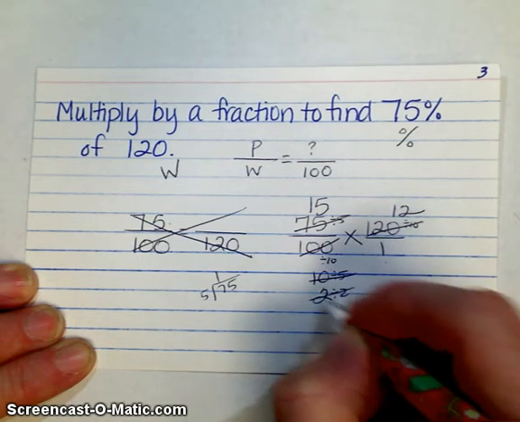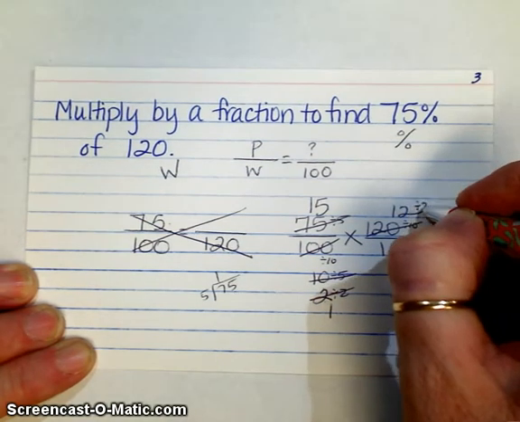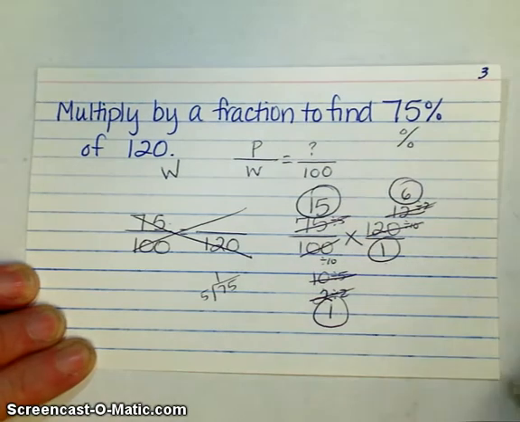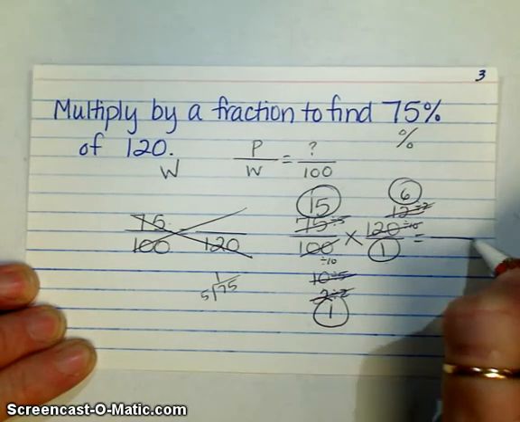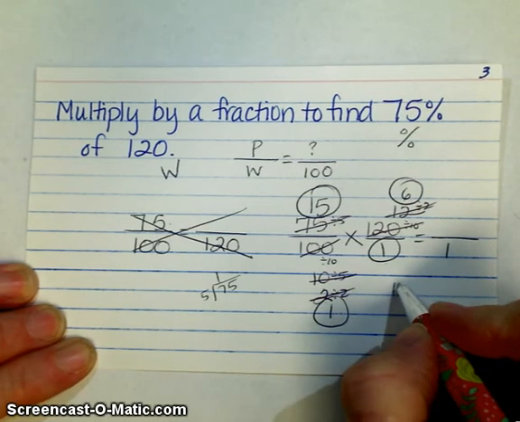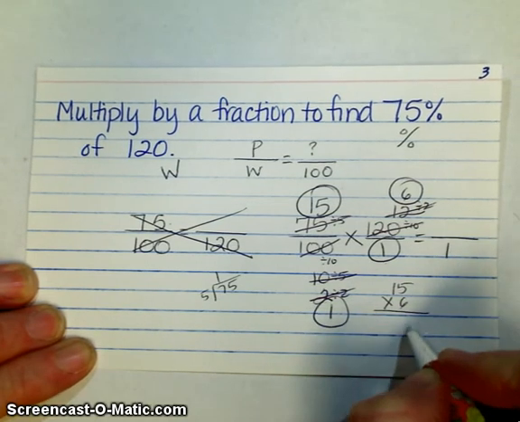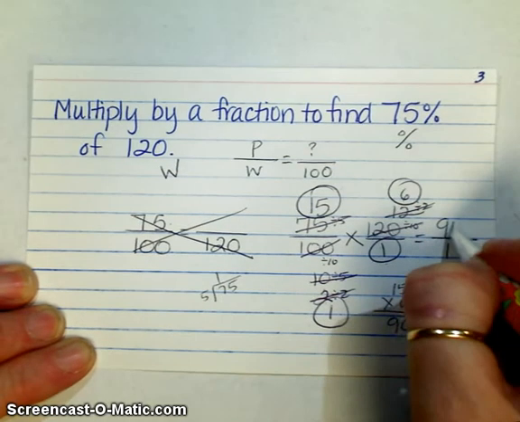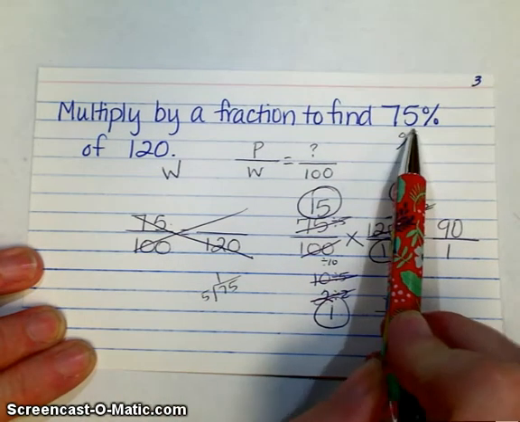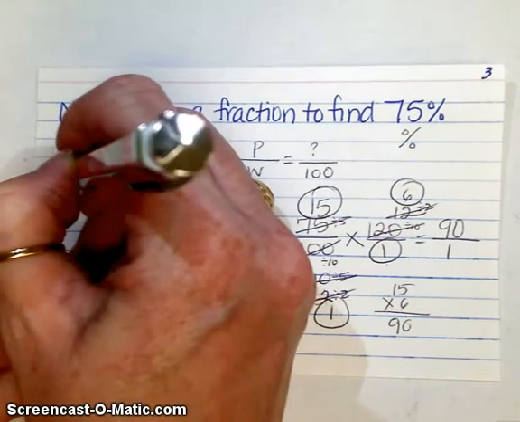I'm going to divide out another 2 and make that a 6. So now I have these 4 numbers left over when multiplying fractions. Now I have to figure out what's going to be over 1. Well, 15 times 6 is 90. So my answer for this problem, what is 75% of 120?